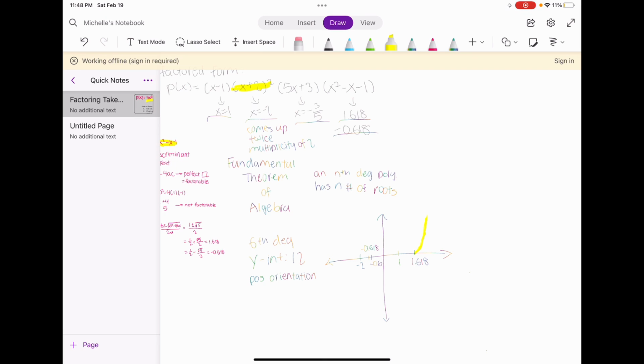Okay, the y-intercept is at 12. I'm actually going to label that also. Since this is an even degree polynomial function, it's best for us to assume that the graph is going to end and start off in the same direction. So if it ends up positive, it's going to start positive as well.